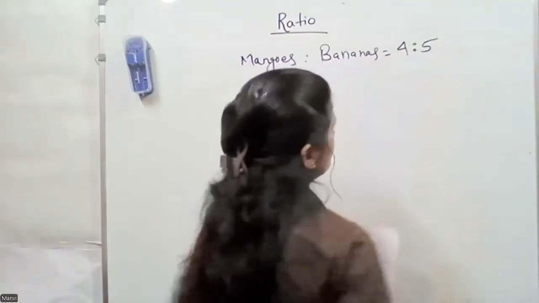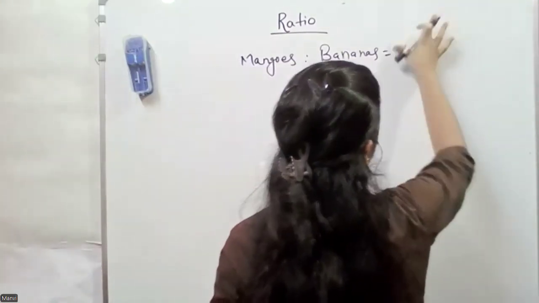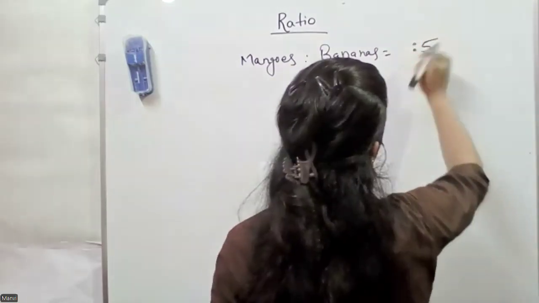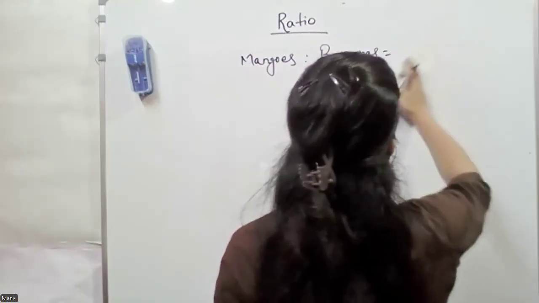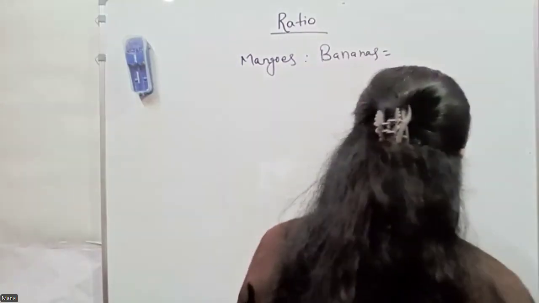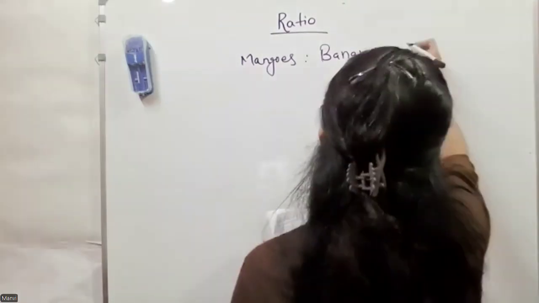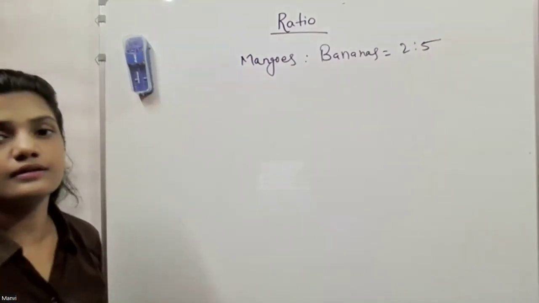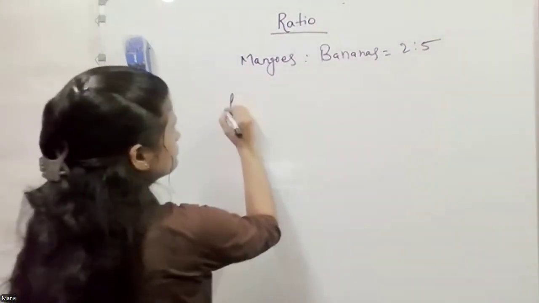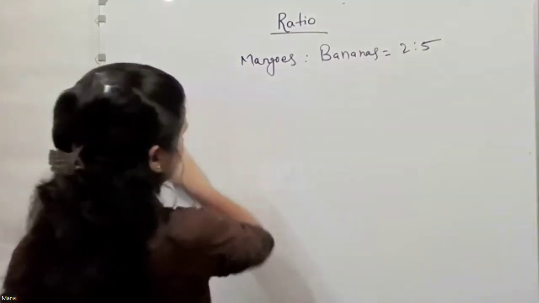4:5. What do you have to find? The mangoes, right? No, let me change this ratio, please. It's kind of tricky because 4 plus 5 is 9, then it will be 4/9 times 100. The percentage of banana.